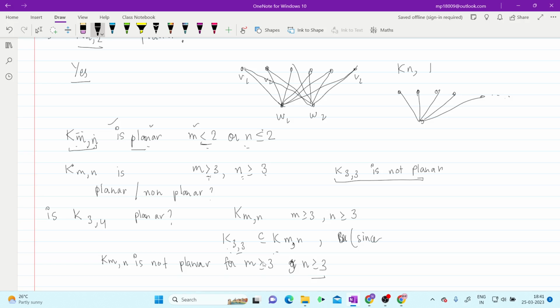Since K_{M,N}, when M is greater than or equal to 3 and N is greater than or equal to 3, contains a non-planar subgraph: if K_{M,N} was a planar graph, every subgraph of a planar graph would also be planar. But K_{M,N} in these cases contains a non-planar graph, so they cannot be planar.